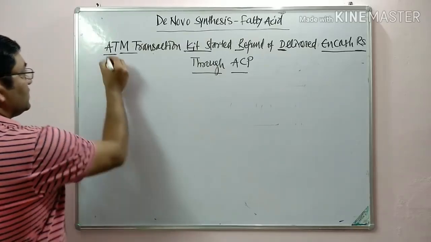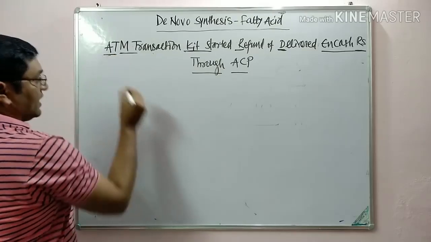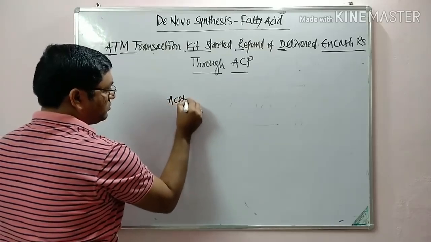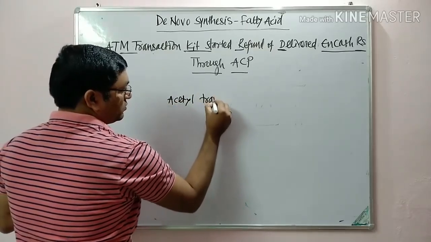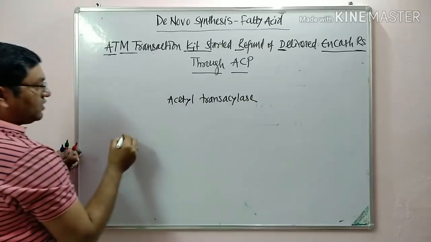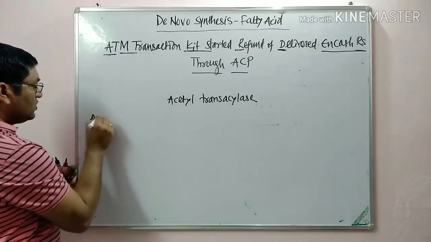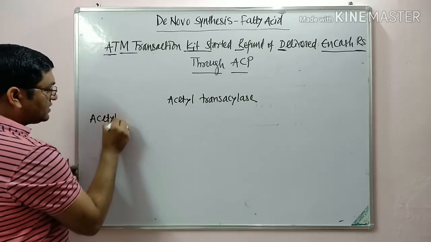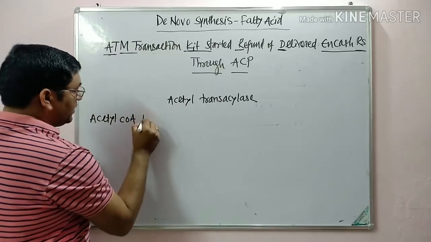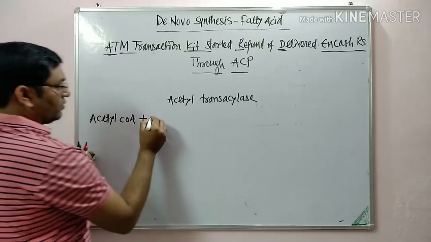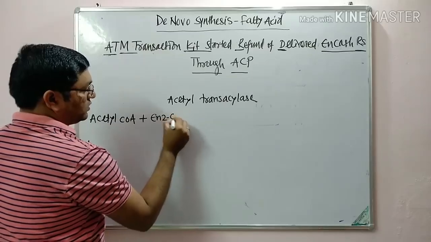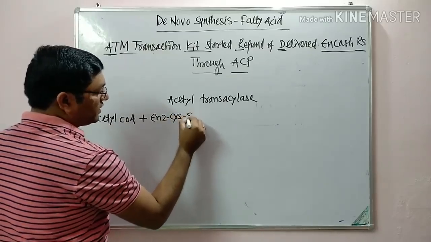Now the first step is the acetyl transacylase. This acetyl transacylase catalyzes the condensation of acetyl coenzyme A plus the enzyme's cysteine sulfhydryl group.